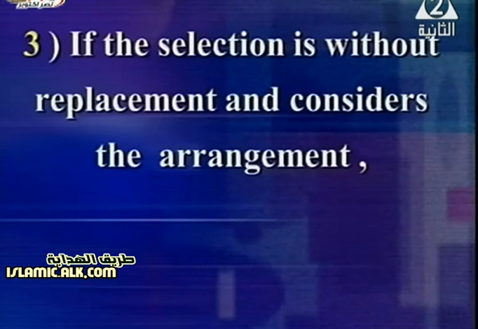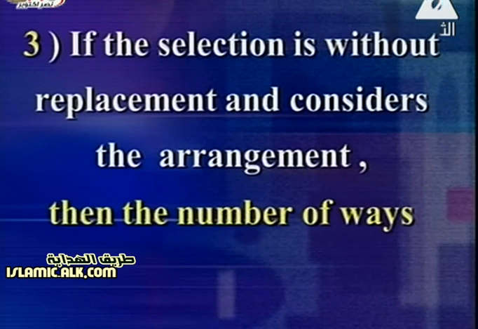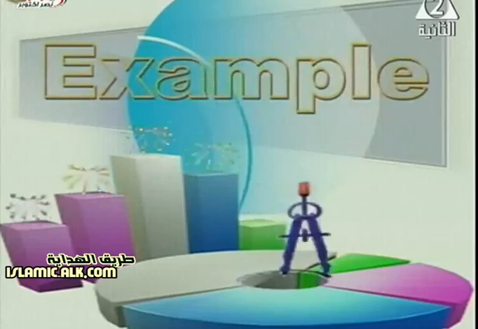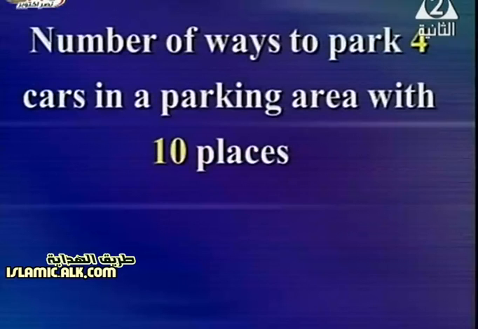Number 3, if the selection is without replacement and considers the arrangement, then the number of ways of selection is nPr. Example. Number of ways to park 4 cars in a parking area with 10 places.